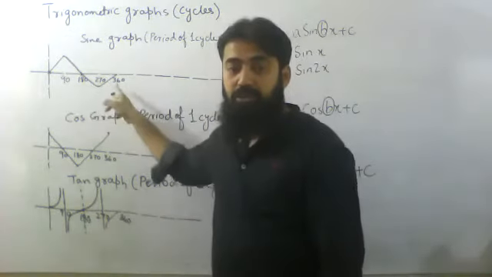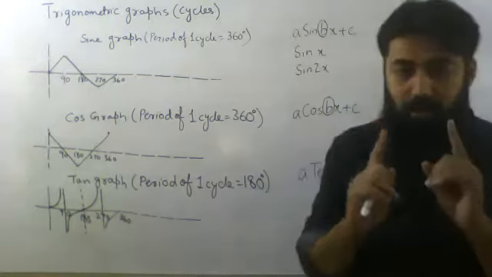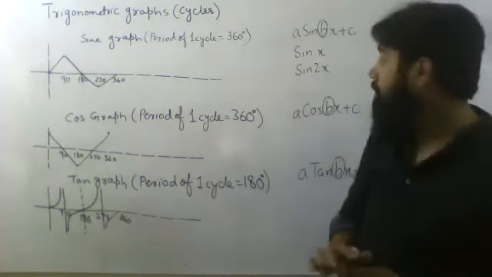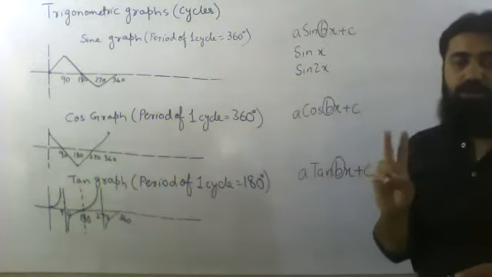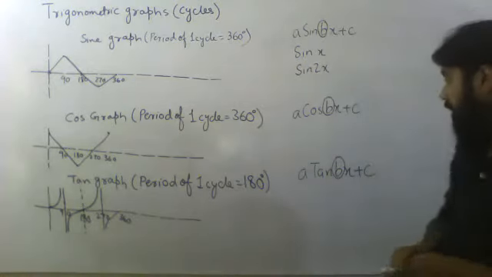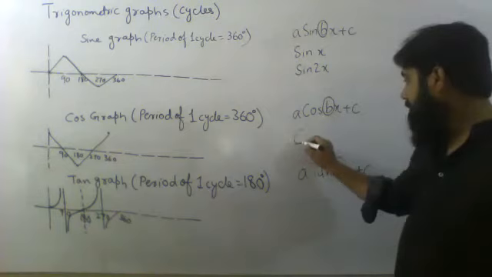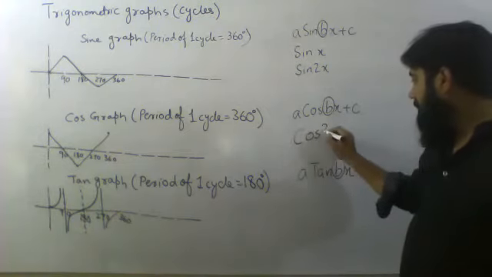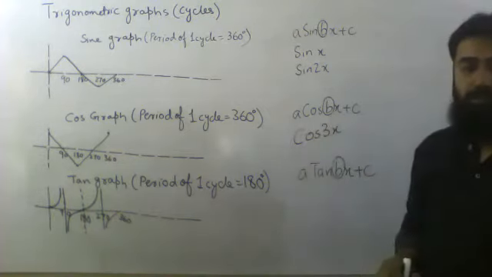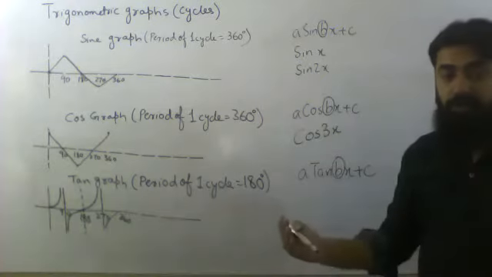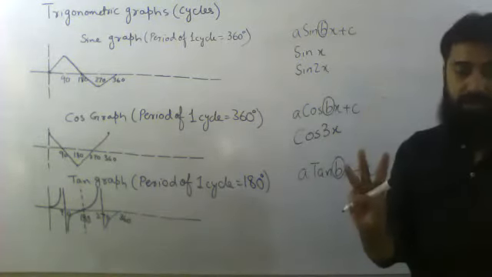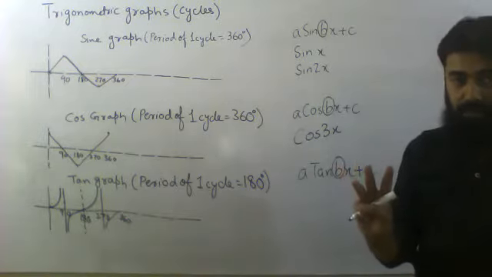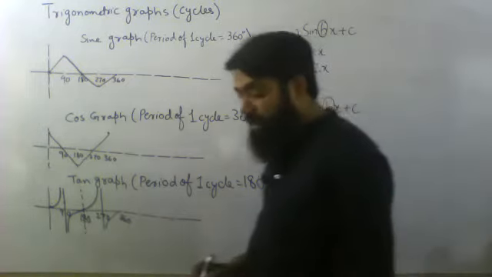Initially, from 0 to 360 degrees, I had only one cycle. Now, from 0 to 360 degrees, I should have two cycles. Or if I write cos 3x, it means from 0 to 360 degrees, I should have three cycles. So, this is how we are going to do it.